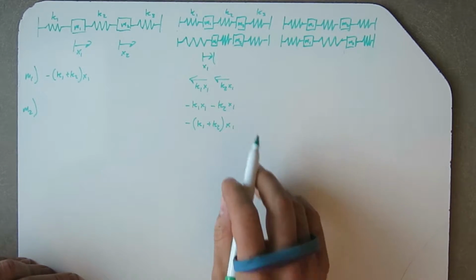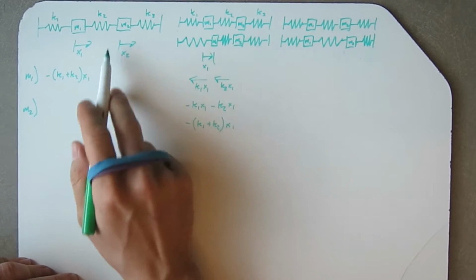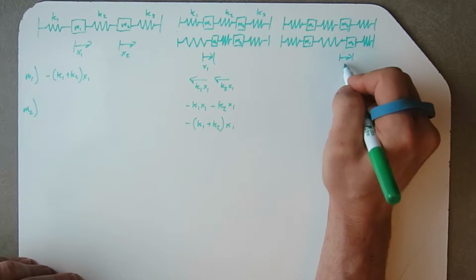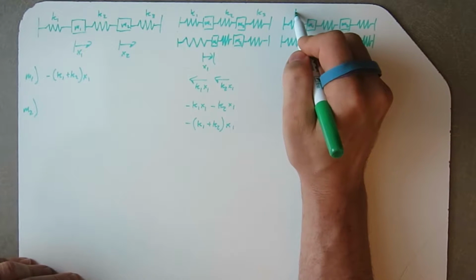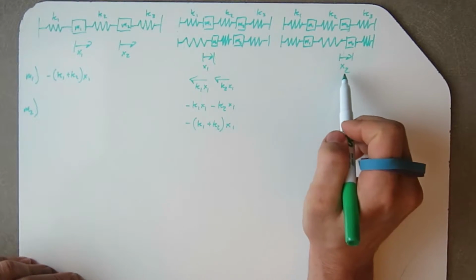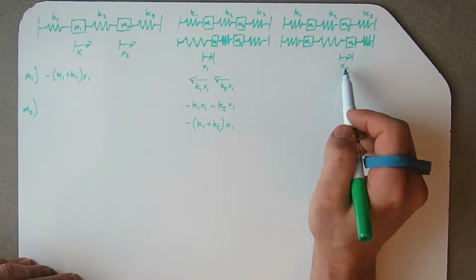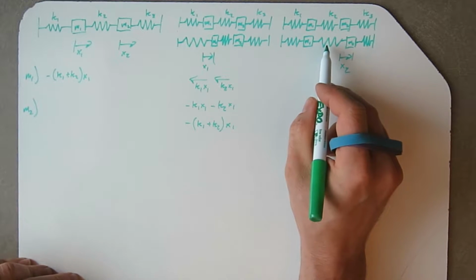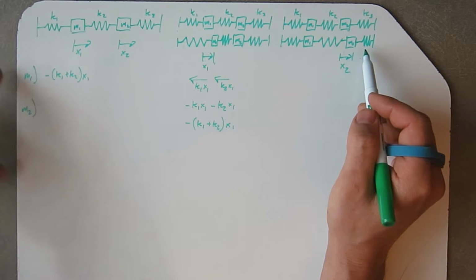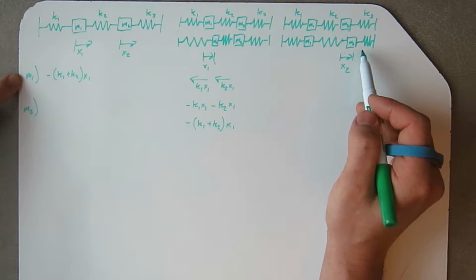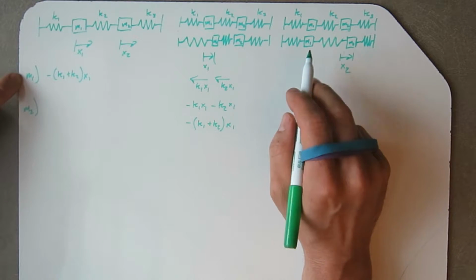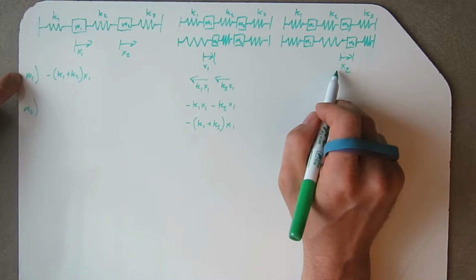Then I'm going to consider the other possible displacement, positive x2 displacement. So if we displace x2, we stretch K2 out, and we squish K3. And I'm focusing on the differential equation for M1 right now, so I'm considering what happens to M1. What does M1 feel when x2 is displaced?